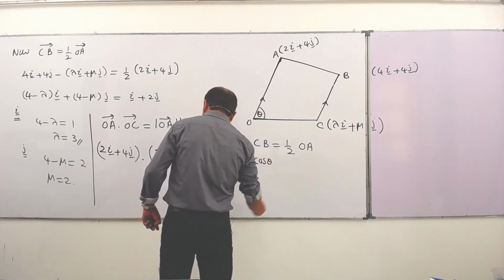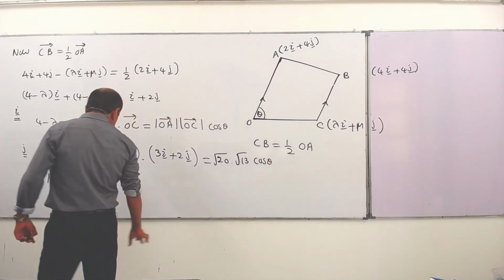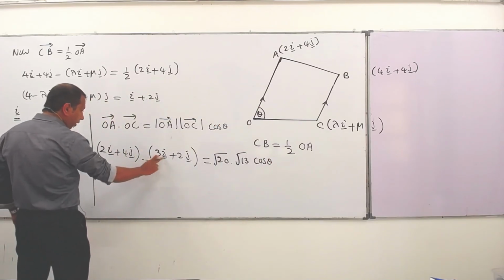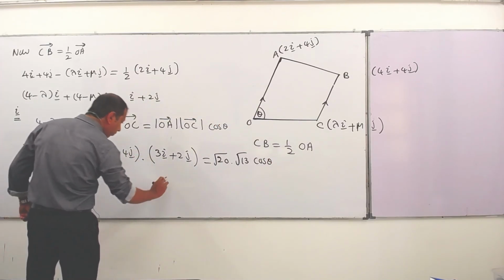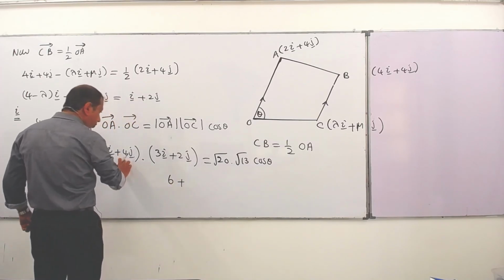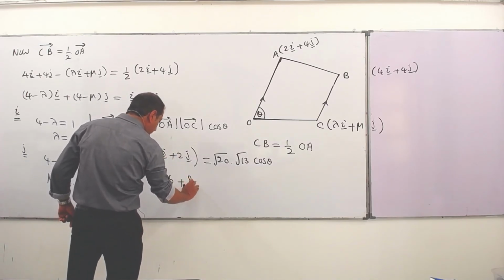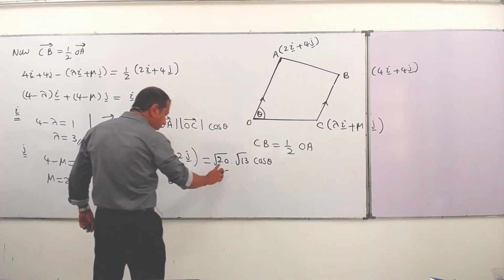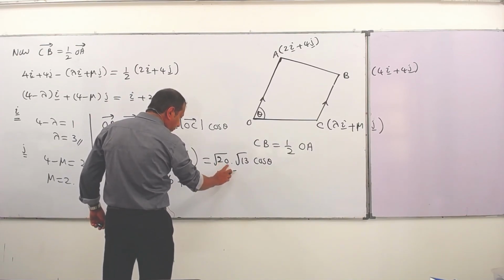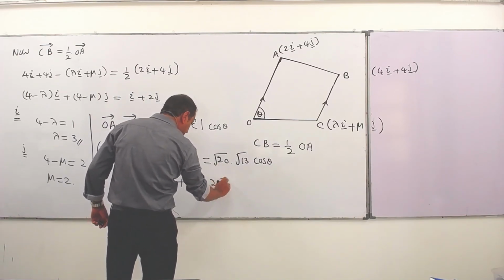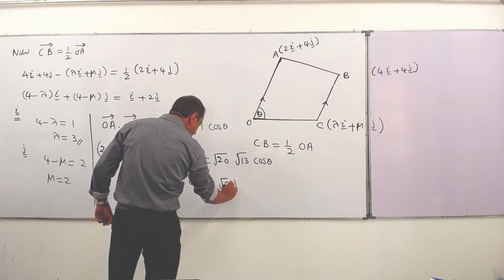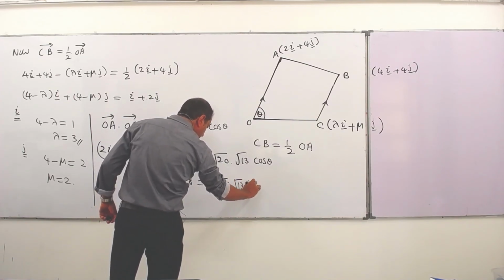Times cos theta. Left hand side, this product you can take: multiply i coefficients 2 and 3, 6, and 4 and 2, 8. Here we can write 20 as 4 into 5, no? So 2 root 5, root 13 cos theta.